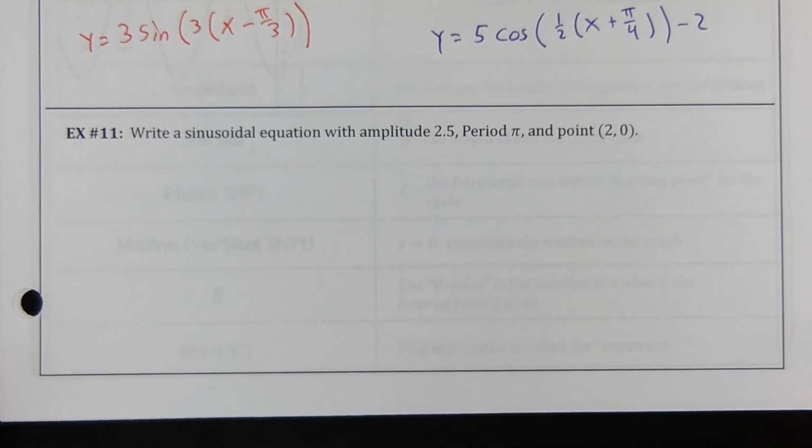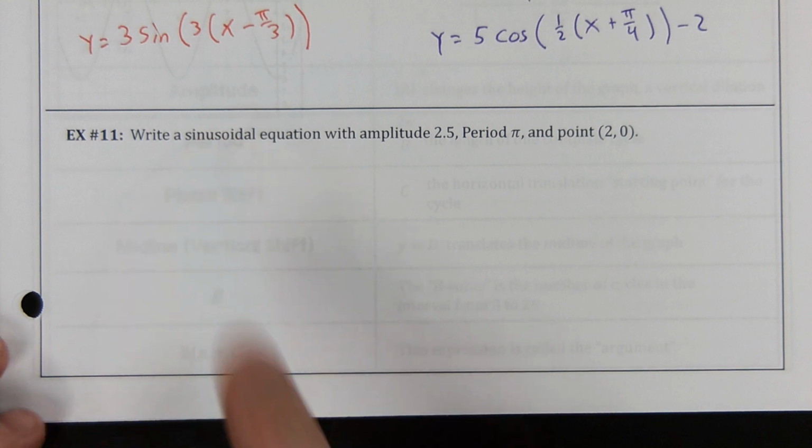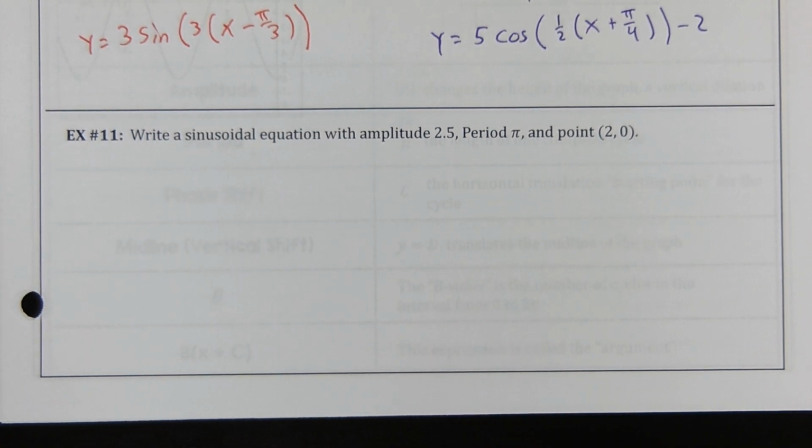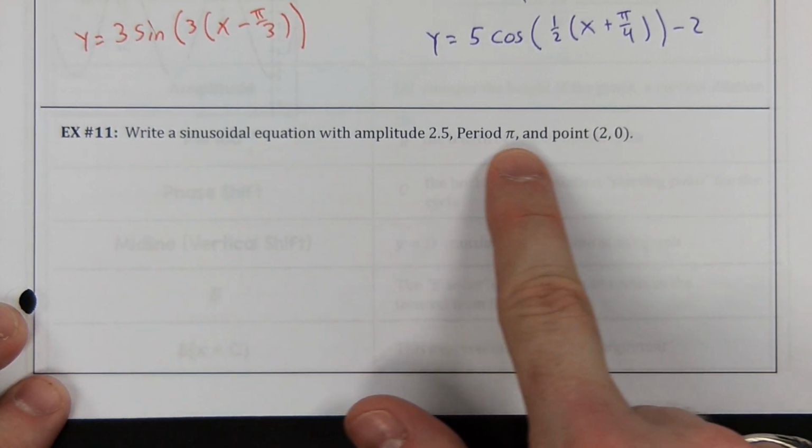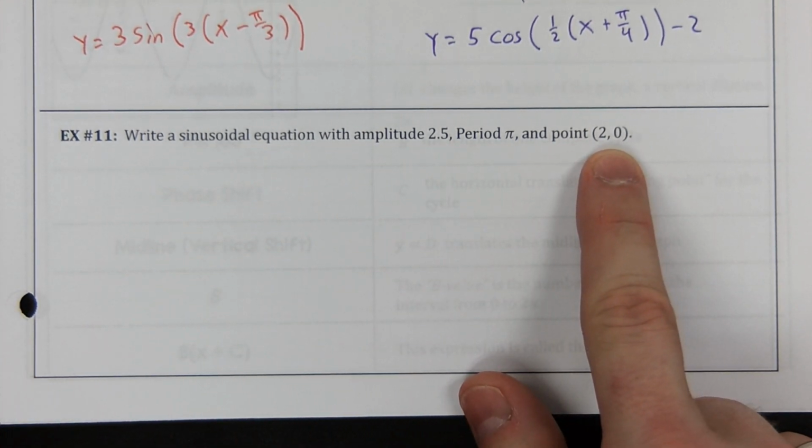Alrighty. So this says write a sinusoid. That means use sine or cosine. Nobody cares. Just pick one. When in doubt, I would say go with sine. But here's why. We were told to write a sinusoid that goes through the point (2, 0).